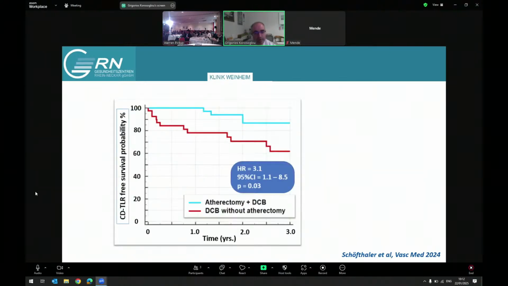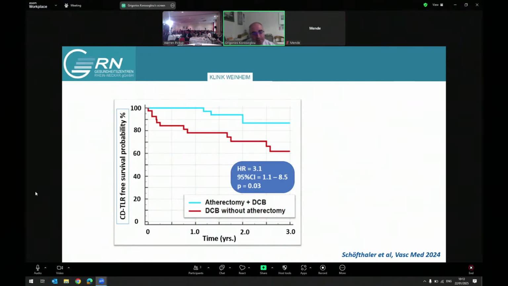But much more interesting is the fact that we also did a retrospective analysis from an Italian cohort, which was treated by DCB in the popliteal artery, but without atherectomy. So the blue one are the lesions that were treated with atherectomy and DCB, just again for the popliteal artery, and the red ones are the ones treated with DCB but without atherectomy.